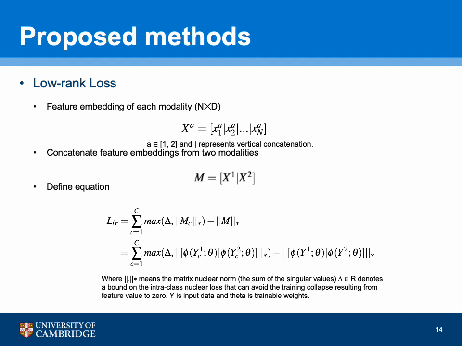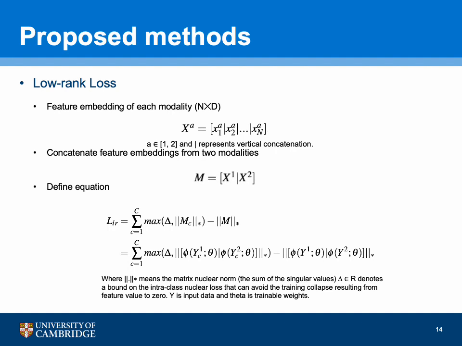Moreover, I also adopt a low-rank loss to solve the challenges of heterogeneity. In each modality, we concatenate two feature embeddings in the vertical direction to obtain a new matrix. Finally, we define the loss function like this. In this equation, we pick up related feature vectors from the same class based on the label and calculate the left term.